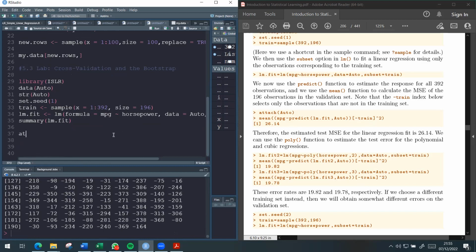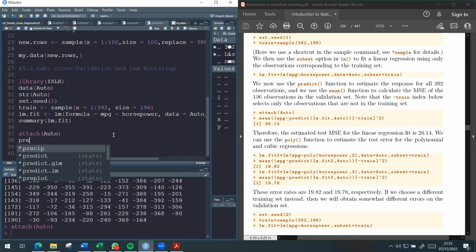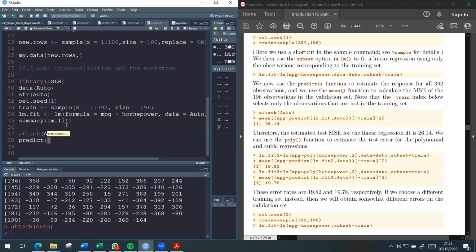So we're going to attach the Auto data set. And we're going to calculate predict. You need to tell it which parameters you're going to use from this linear model. So predict lm.fit, and you're going to say Auto.